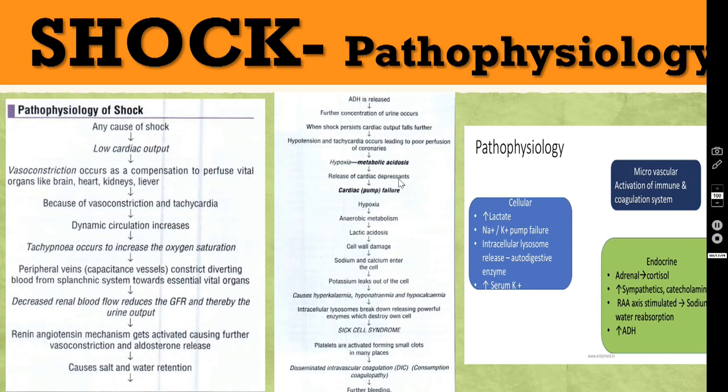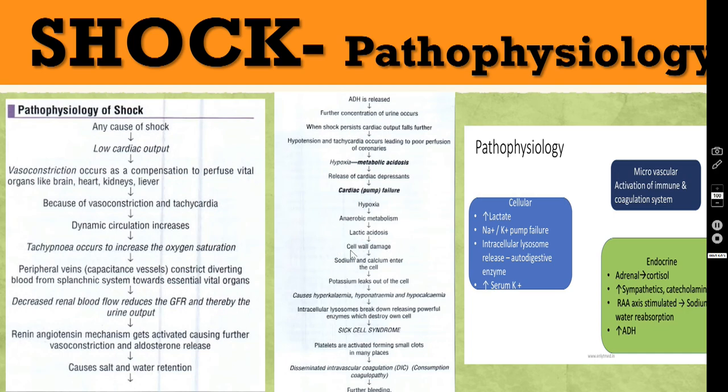Now the release of cardiac depressants produces cardiac pump failure. This is eventually what is happening in all shock, except of course the septic shock. So basically it is hypoxia that will result in anaerobic metabolism, resulting in accumulation of lactates, that is the lactic acidosis.